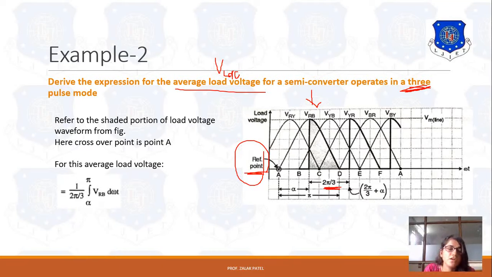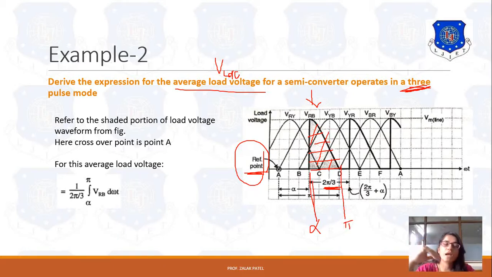The limit is from alpha to pi, means the shaded portion. It will start from alpha, from this point, and end over here. So it is from alpha to pi, means from firing angle to 180 degrees.